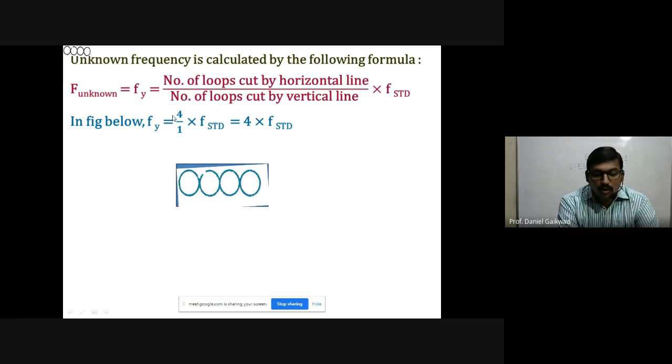So in the figure below, Fy is equal to 1 upon 4 into F standard.